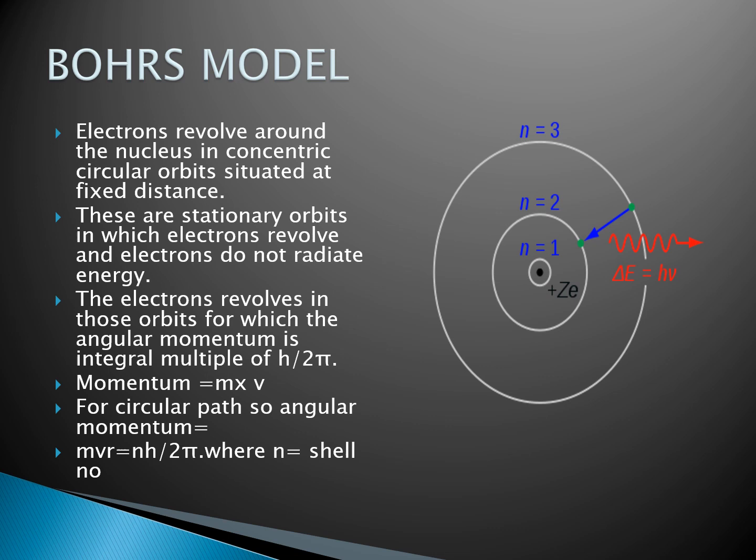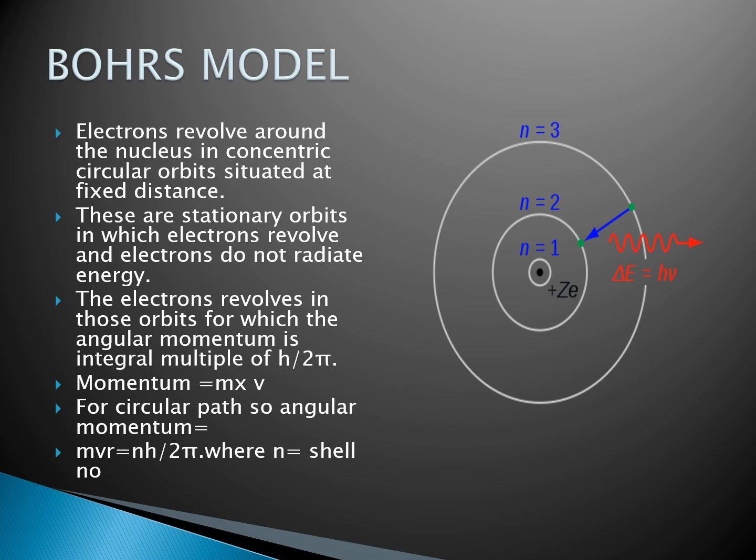Students, please learn it very properly. The electrons revolve in those orbits for which the angular momentum is an integral multiple of h by 2 pi. First you should know what we mean by angular momentum. Children, in class 9th you have already studied momentum, which is represented by p equal to mass into velocity.